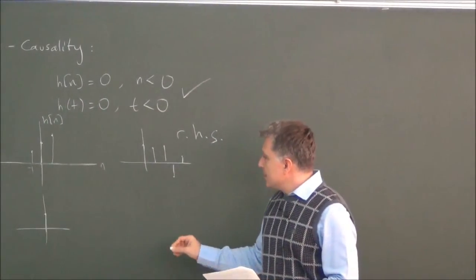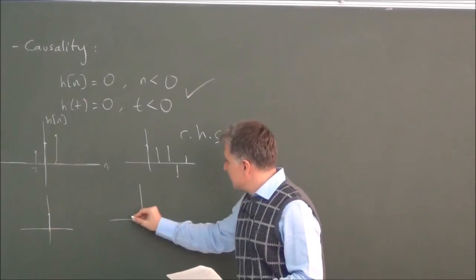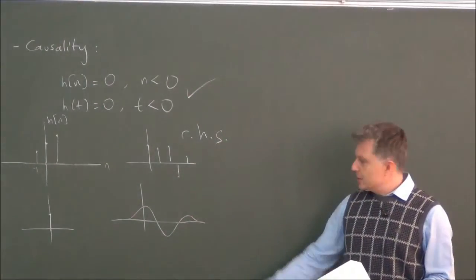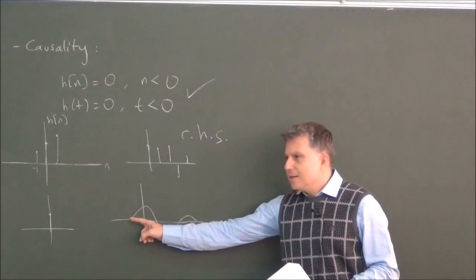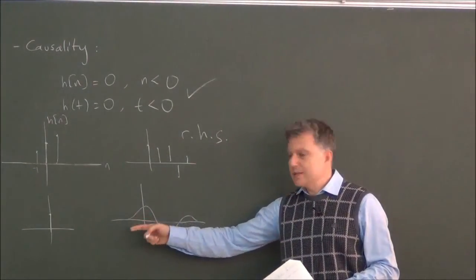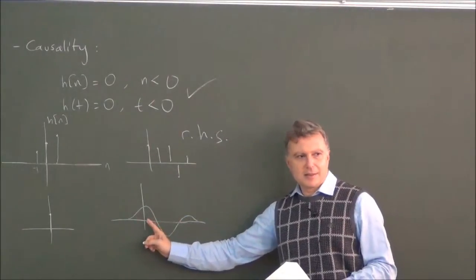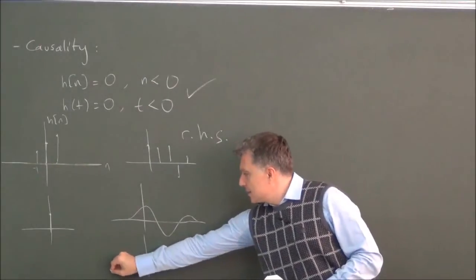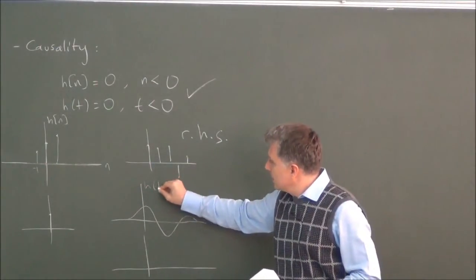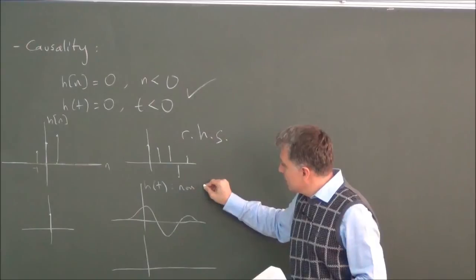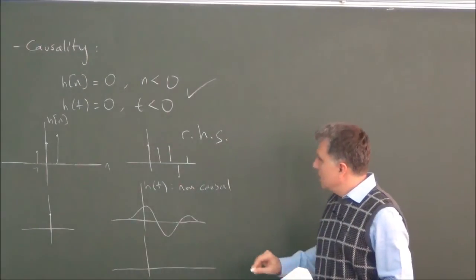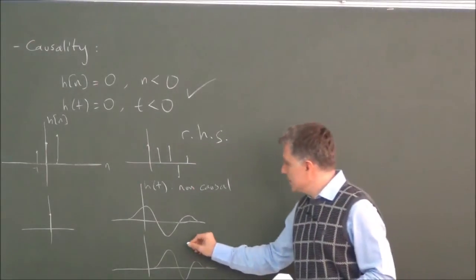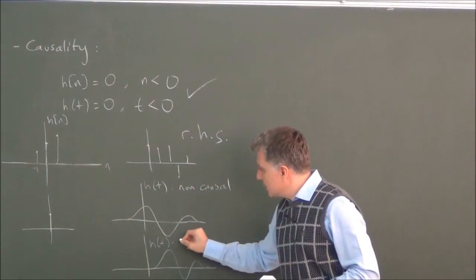The same thing is valid for continuous time systems as well. For example, if this is your impulse response, as you see, the response started to show itself at negative time, before the impulse arrives. So this is not a causal system's impulse response. This is non-causal. But if it is something like this, then this h(t) is causal.